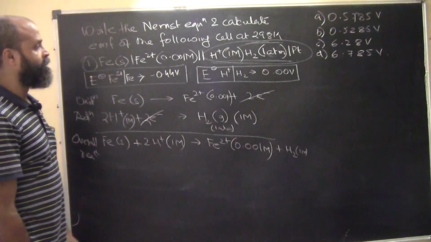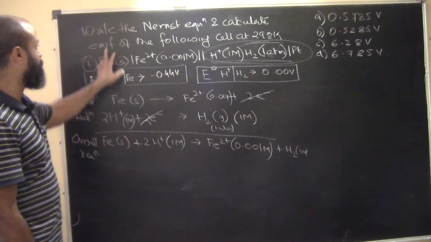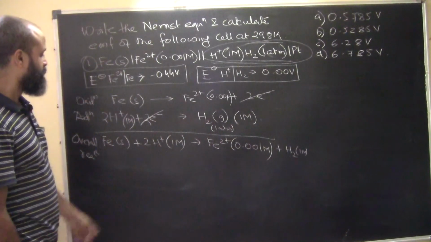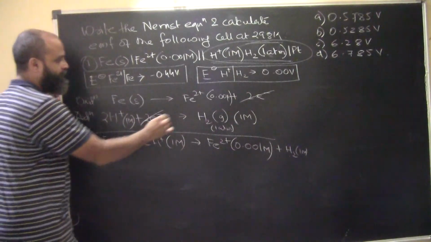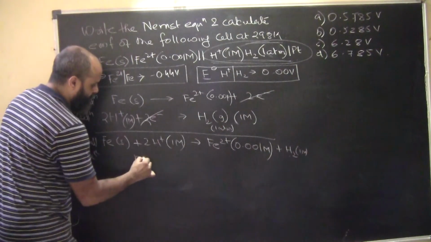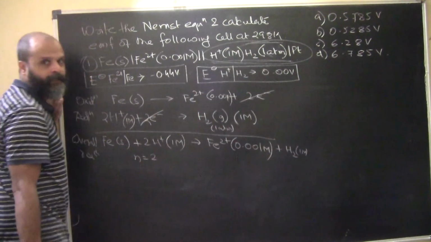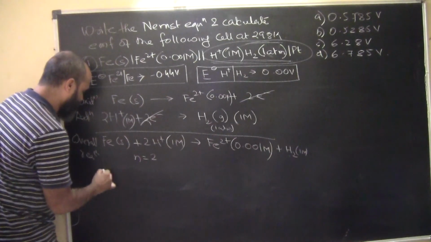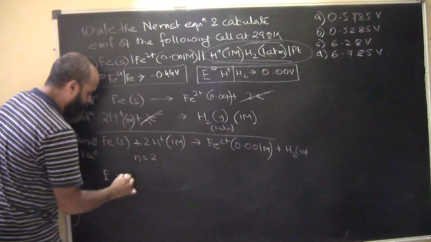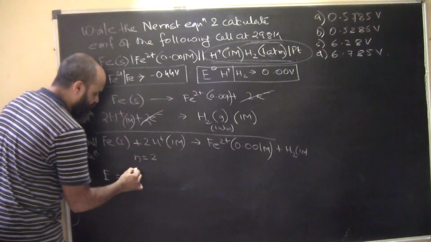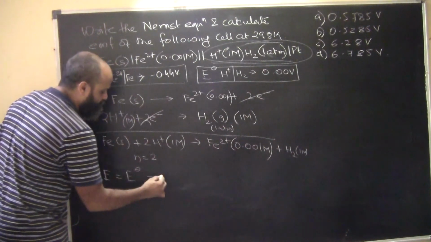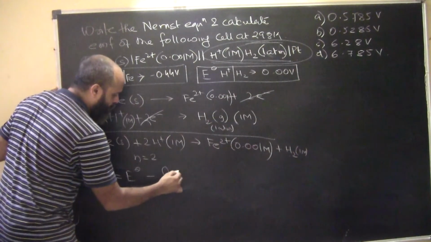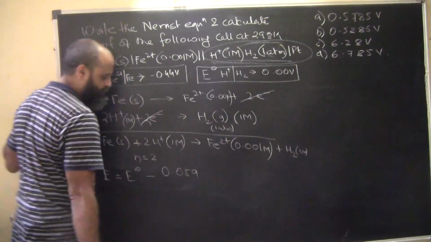Alright, so we have the overall reaction, now write the Nernst equation and calculate the EMF. By just looking at this, we can say that the value of n here is 2. So we will write the Nernst equation and calculate the EMF of the cell. EMF of any cell is equal to EMF of the standard cell minus 0.059. Why 0.059?